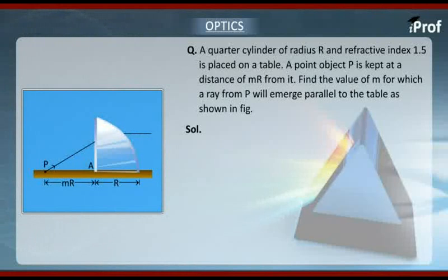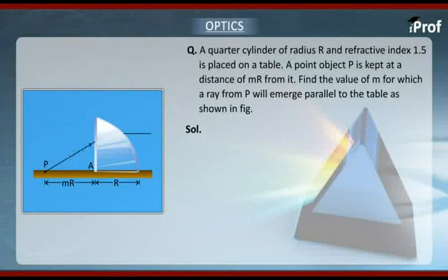The image formed by plane surface refraction will be at a distance of 3/2 m times r from interface and on the same side of object. Now these refracted rays will hit the curved surface and will be refracted out in air. Now this image will act as an object for the next interface.